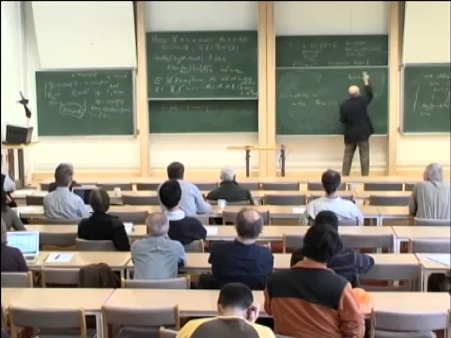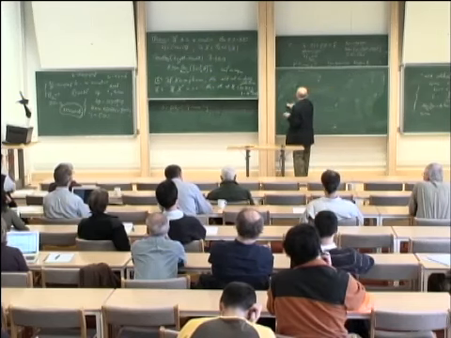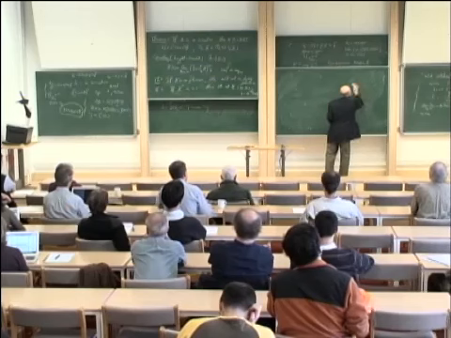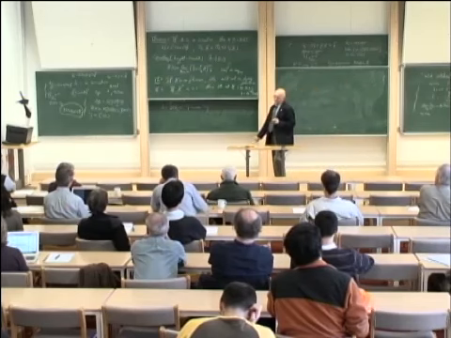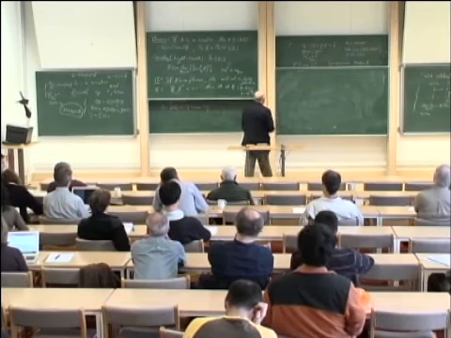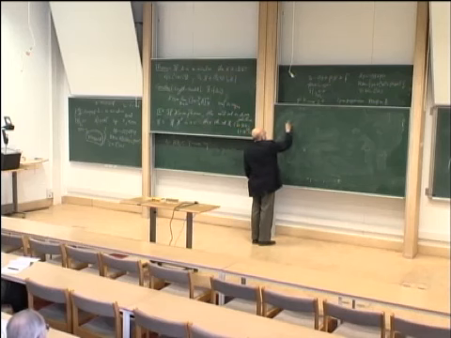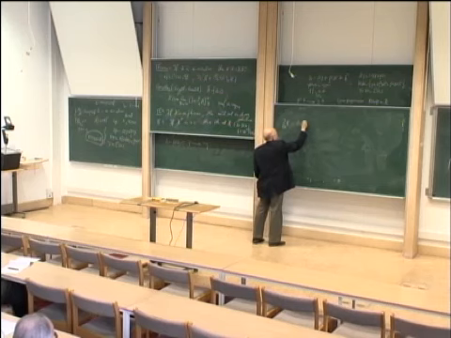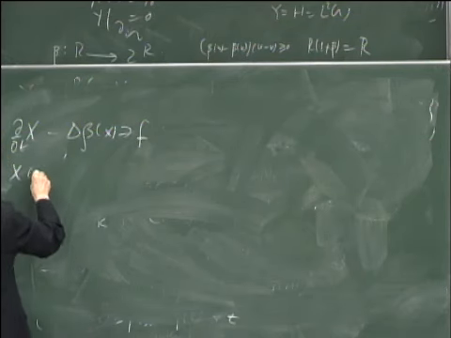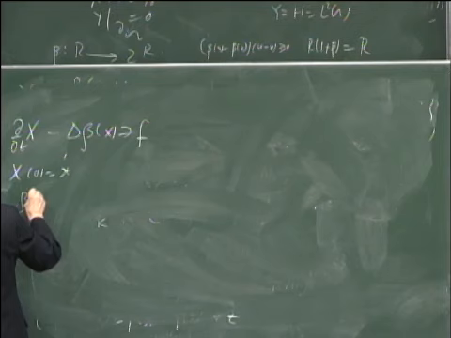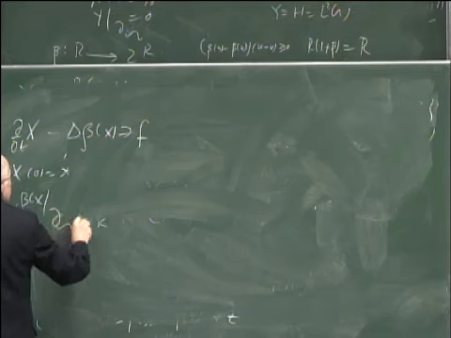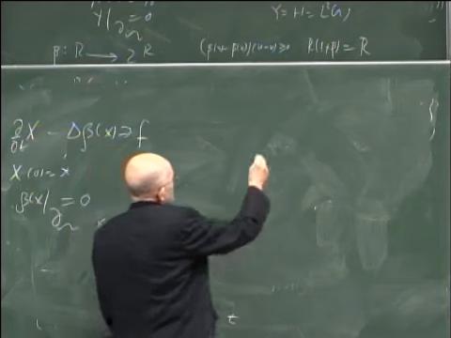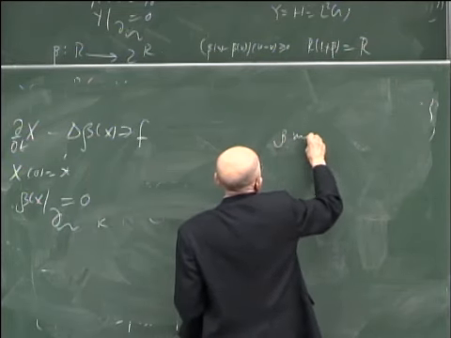Now, the next example, of course, which I mentioned already, is the porous media equation. Let's say it is dX/dt minus Δβ(X) ∋ f, X(0) equal x, with β(X) on the boundary equal to 0, where β is a maximal monotone graph.